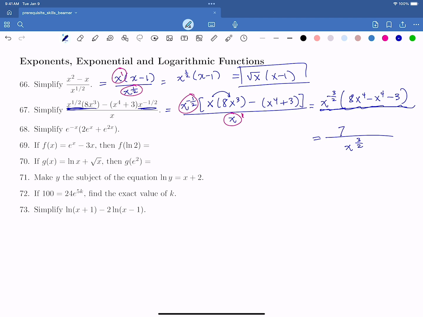In the numerator, we have 7x to the 4th minus 3. Okay, now simplifying, it doesn't specify what form the final answer should be in, so let's just simplify so that we don't have negative exponents. There is more I could do. I can split this into 2 fractions and continue to simplify, but I think it's fine to leave it like that.